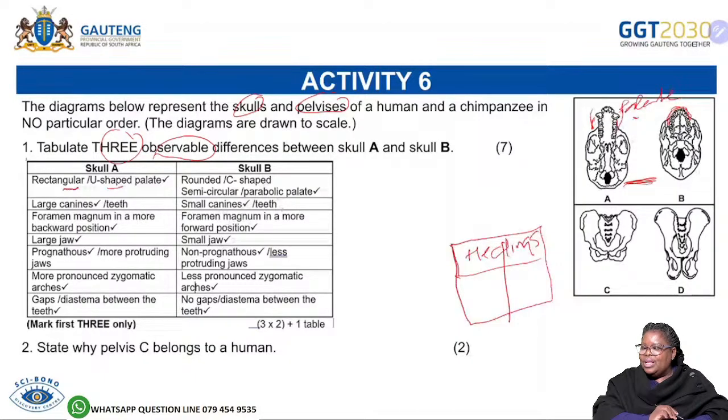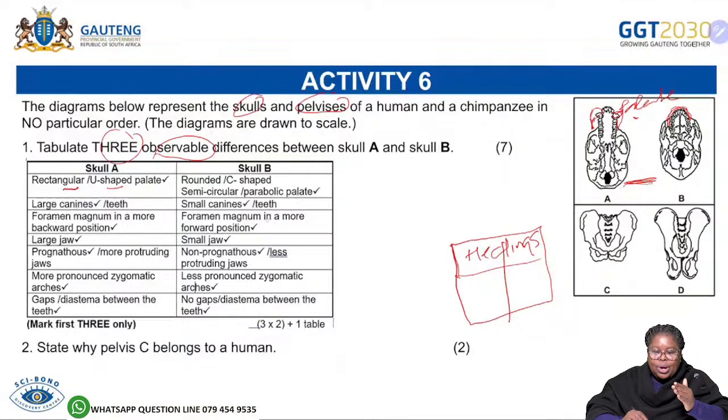Those that are doing maths will know about a parabolic shape, right? Large canines for skull A. Can you see these are the canines we spoke about? But on this side, it's small canines. Now, I would advise you that when you start with the differences, or given any question whereby you're looking at mark allocation, make sure that you start with those ones that you are sure are correct.